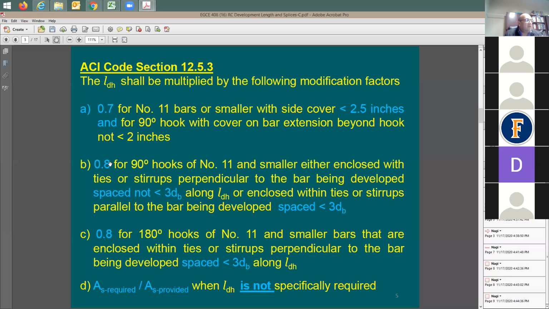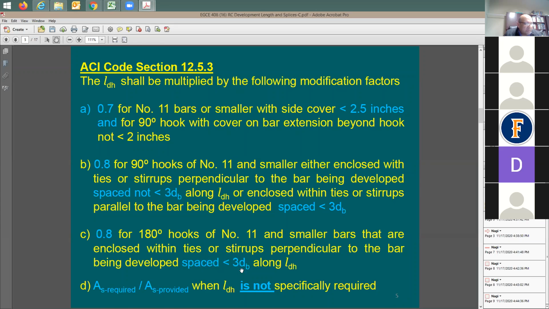I have another reduction factor of 0.8, and then some discussion here. How would you use it? It is true that you have this Ldh and your analysis, but in this code section you have additional reduction factors. Same thing here, 0.8 when you have a 180-degree hook with number 11 or smaller bars that are enclosed within ties.